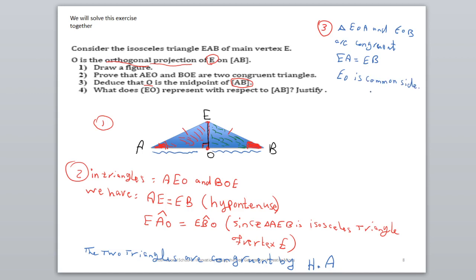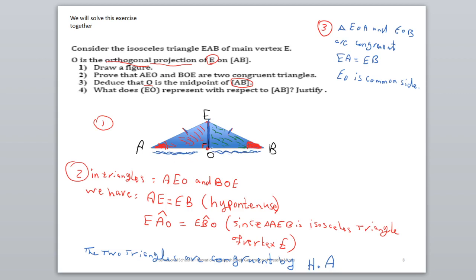So I have two triangles, EOA and EOB. This side is equal to this side, EO is common, so what do we still have? We still have this side and this side. They must be equal because the two triangles are congruent.